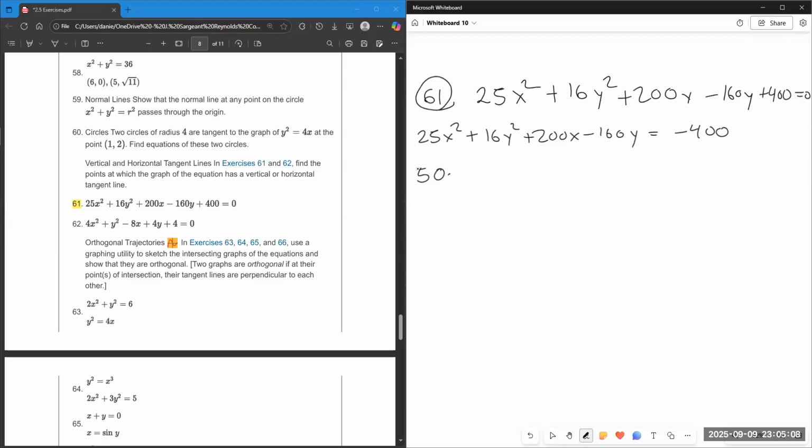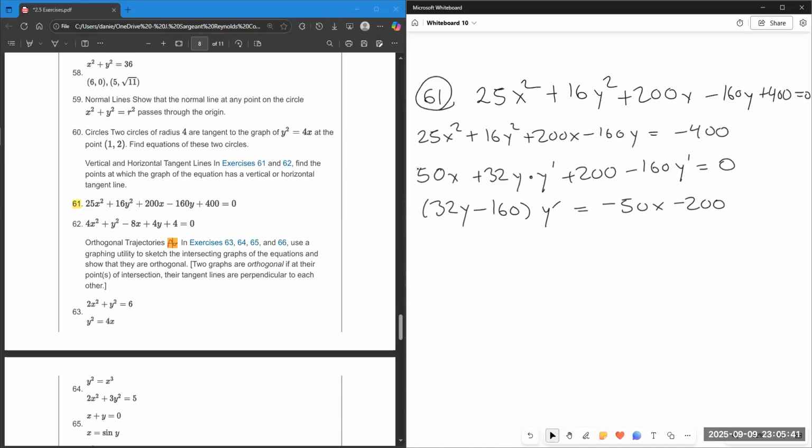So 50x plus 32y times y prime plus 200 minus 160 y prime is equal to 0. Now let's solve for y prime. So this is 32y minus 160 y prime is equal to negative 50x minus 200.